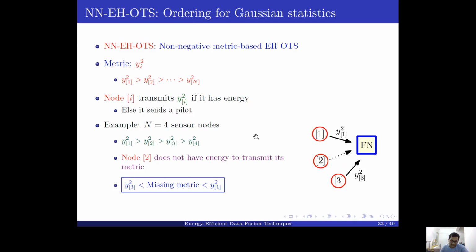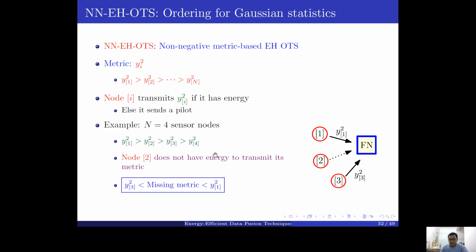If you take the previous example where node 2 does not have energy, the first thing we would like to point out is that here the metric is directly sent to the fusion node. This is unlike the previous case where the ordering was based on mod Li, which was the metric, and what you sent was Li. Here you order based on yi square and you send yi square to the fusion node.